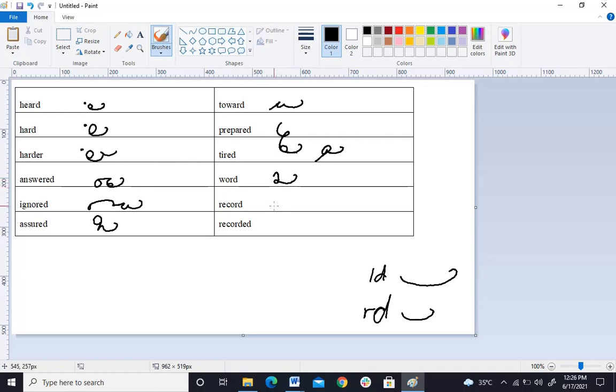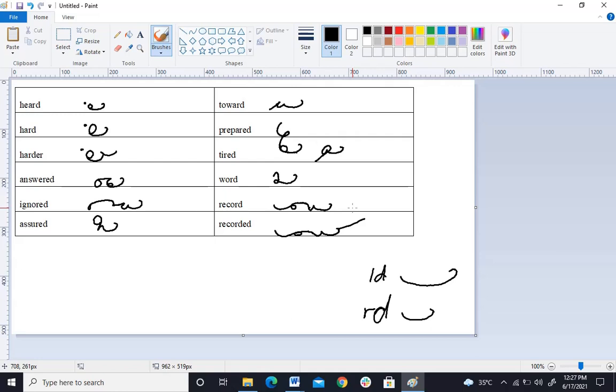Next, "record": we have "rec", and then "cord", R-E-K-O-R-D. Next, "recorded": we have "rec", then "cord", "dead". Okay? So, that is how you stroke yung ating RD words.